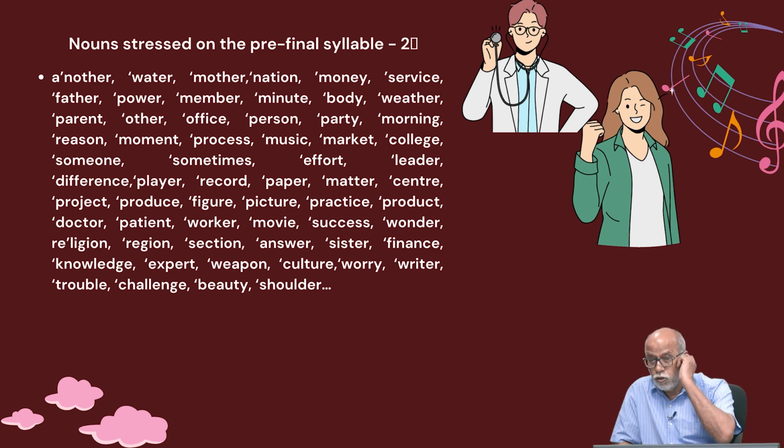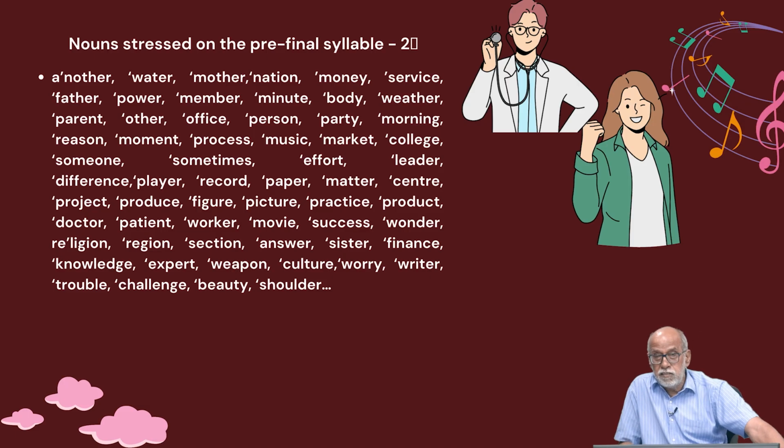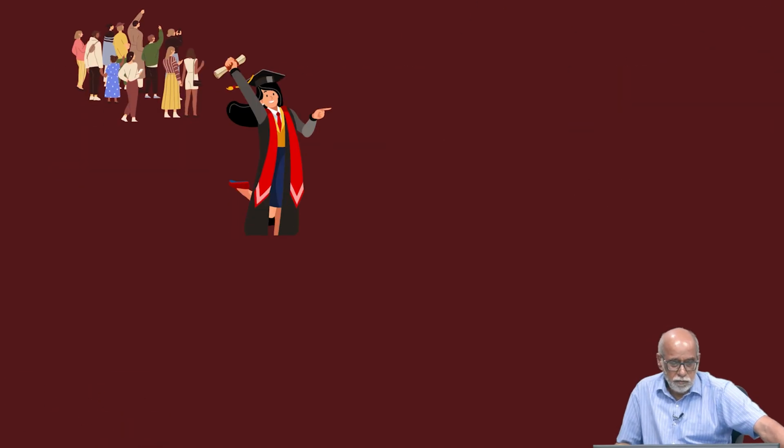There are nouns, not many, but there are quite a few, that are stressed on the final syllable. Say for example, words that end in self: myself, himself, herself, ourselves, themselves, yourself.